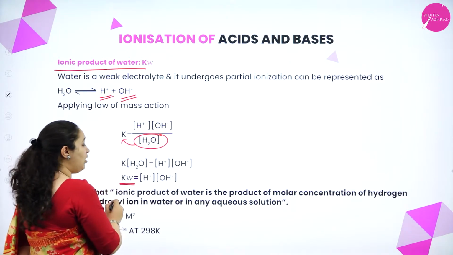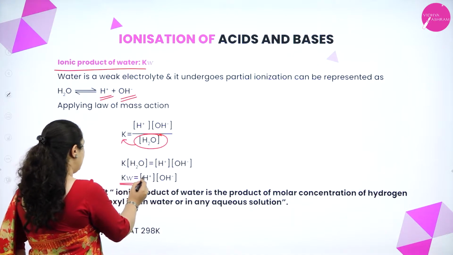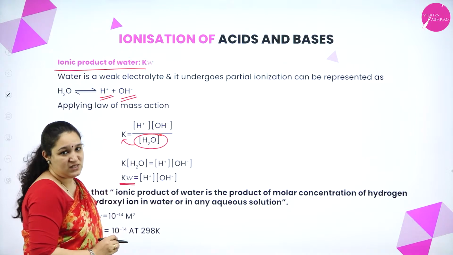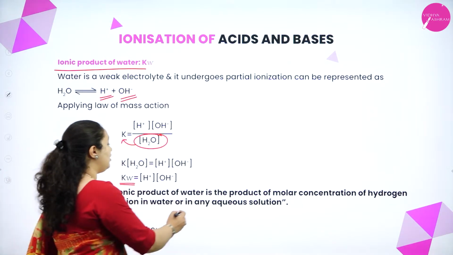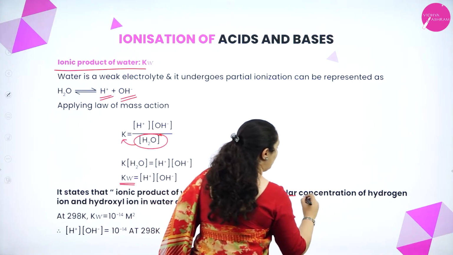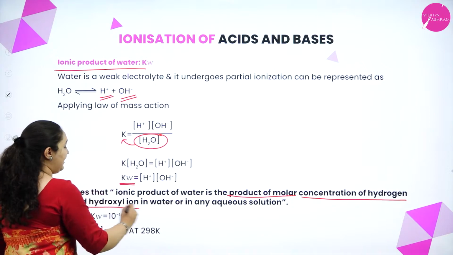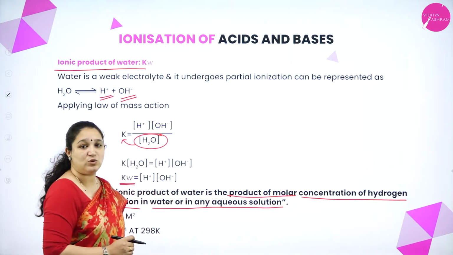So, ionic product of water is product of molar concentration of H plus ion and molar concentration of OH minus ion. What we can tell? Ionic product of water is product of molar concentration of hydrogen ion and hydroxyl ion in water or any other aqueous solution.